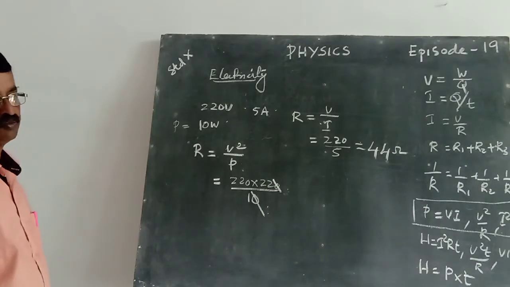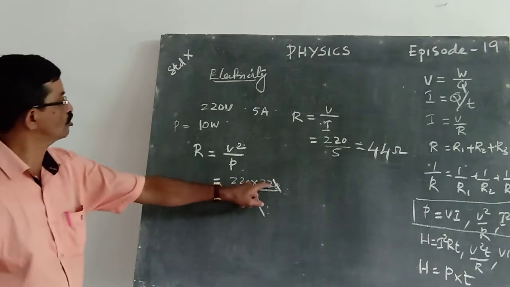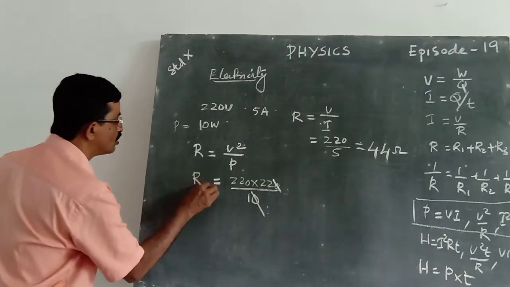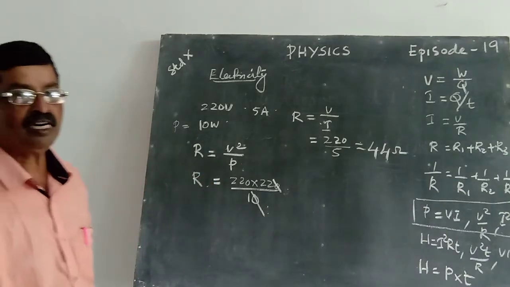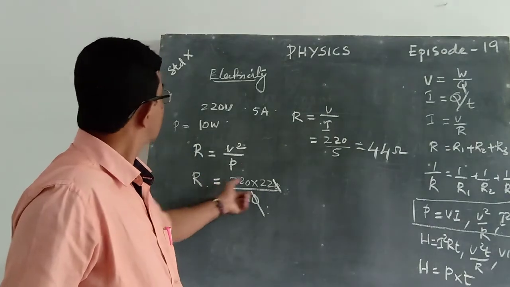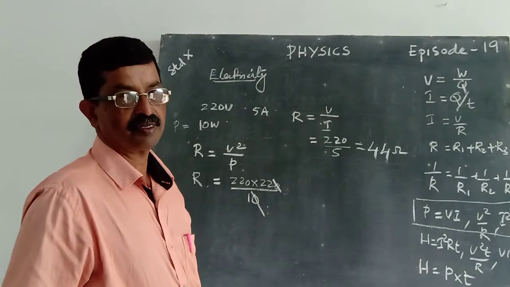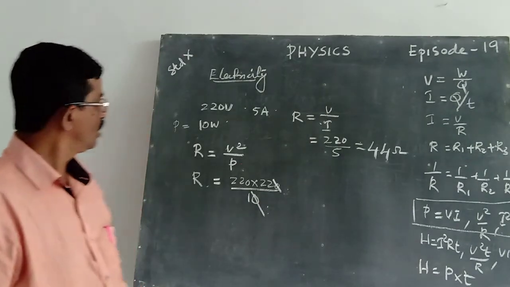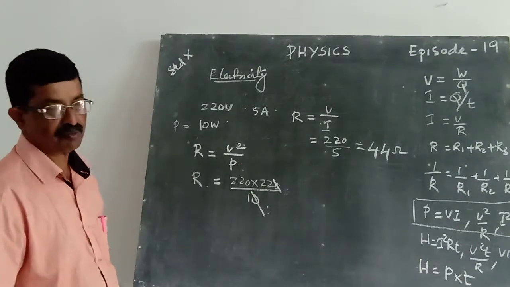This will come 220 into 22, which is the resistance of the circuit given by one 10 watt bulb.